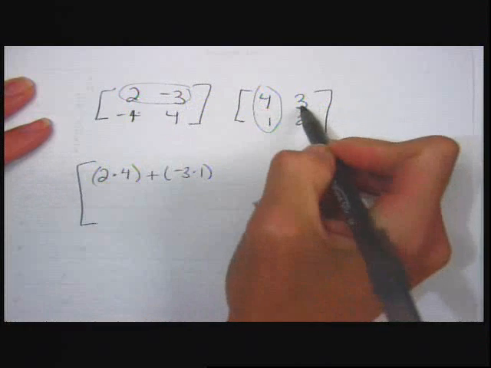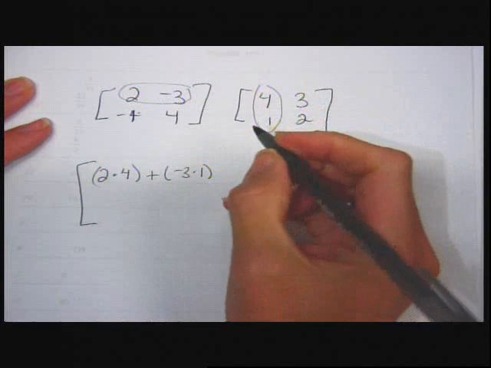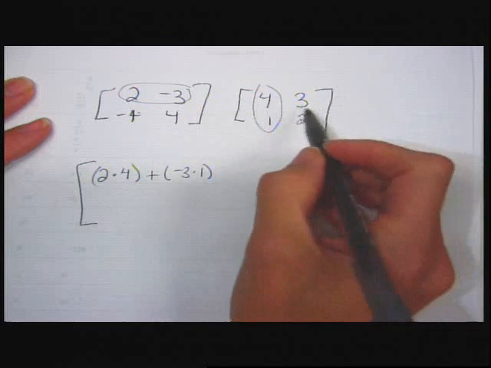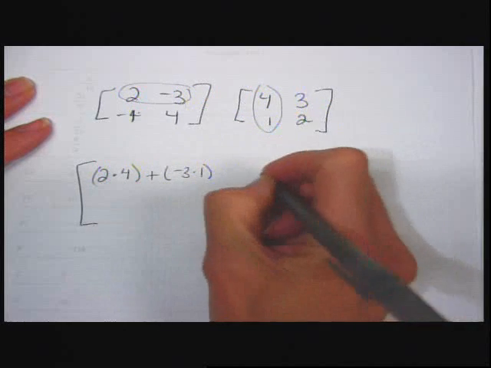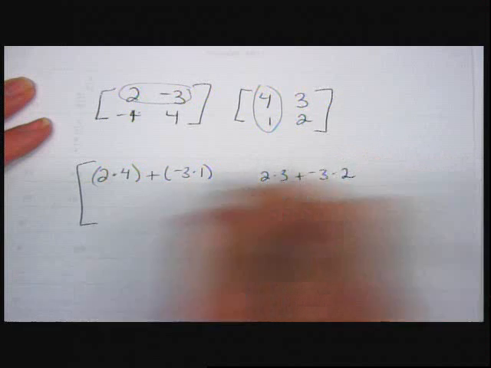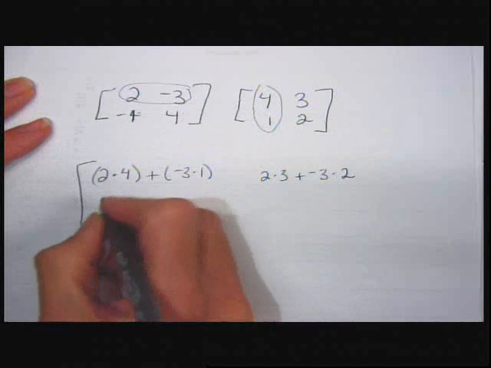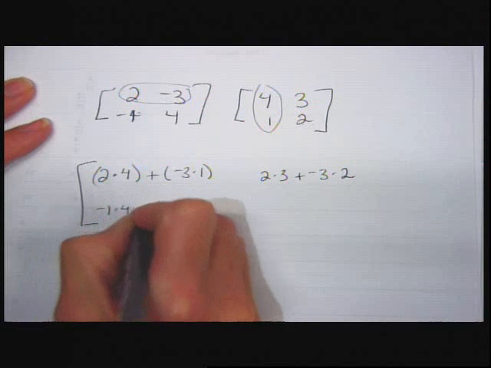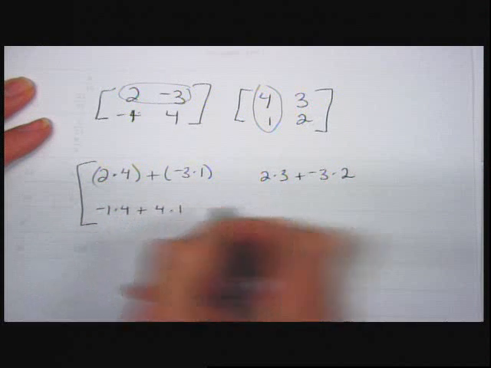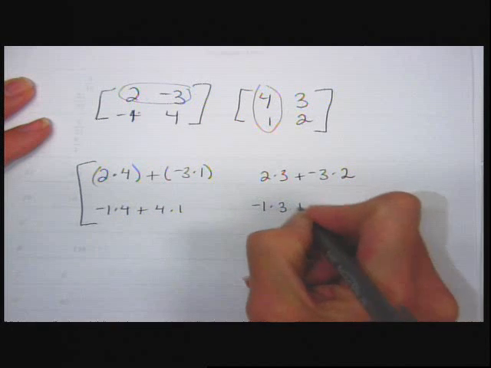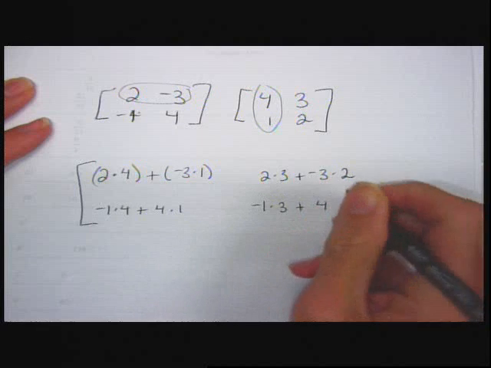And then you'll do 2 times 3 plus negative 3 times 2. And then here you'll do negative 1 times 4 plus 4 times 1. And then in this column you'll do negative 1 times 3 plus 4 times 2.